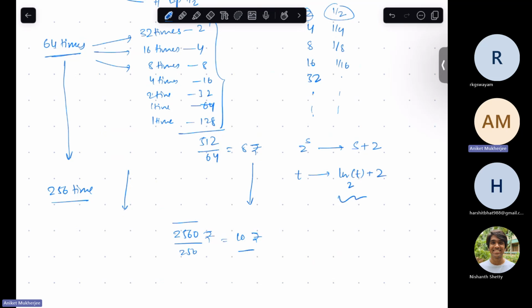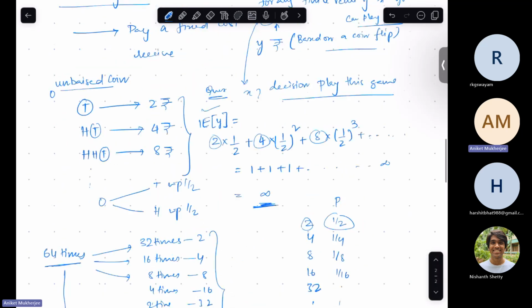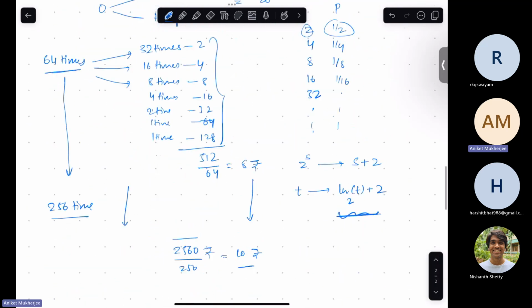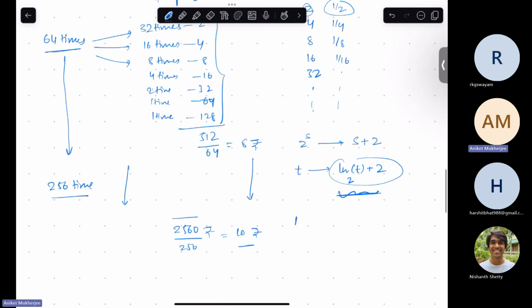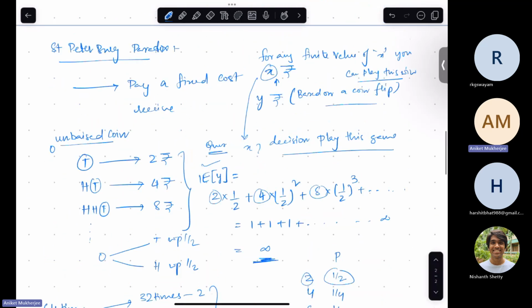Your decision should use this utility function and take its expectation, and based on this you come up with the finite value of x that you can play with. I'm not solving the whole problem, I leave it as an exercise for you. It comes out to be, I think, something around 16.